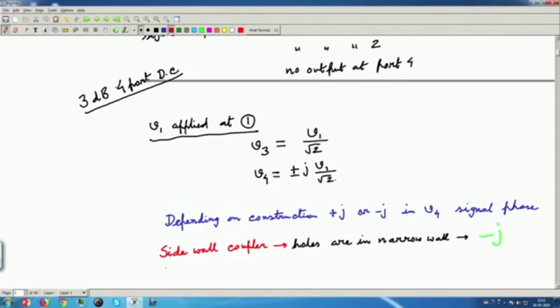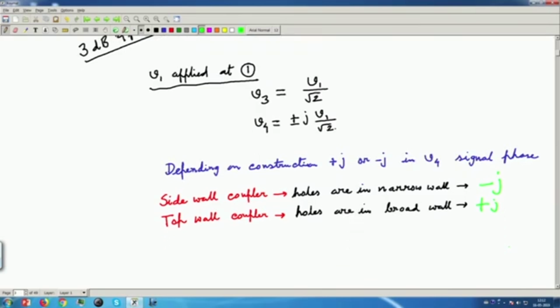On the other hand, if we have a top wall coupler, then holes are in the broad wall, then we have plus j. So, this choice is open to the designer, based on compactness required, he can choose either of the drawings.